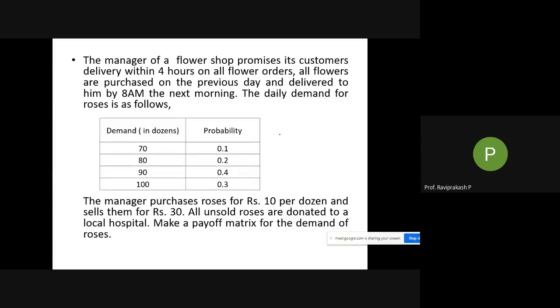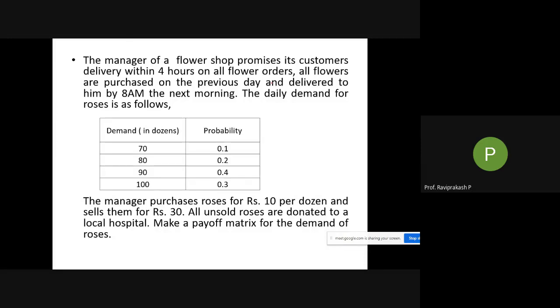All unsold roses are donated to a local hospital. Make a payoff matrix for the demand of roses.